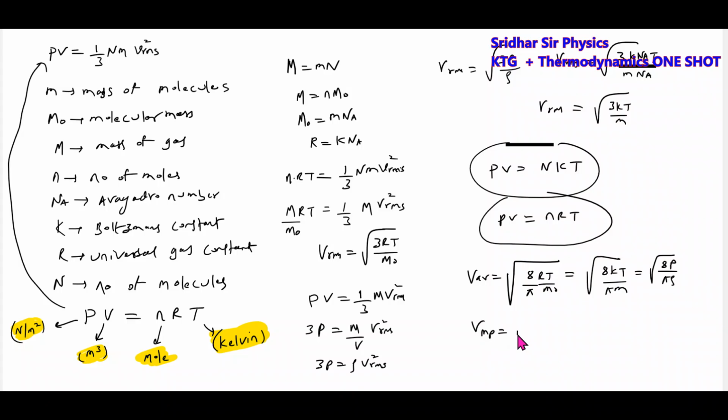The most probable speed is given by root of 2RT by m naught, or 2kT by small m, or 2P by rho. Most of the molecules will have a speed near the most probable speed, and this is the average speed. All these formulas you are supposed to remember. There is a very important thing which I'm putting on one screen itself. You can take a screenshot. It will help you a lot.